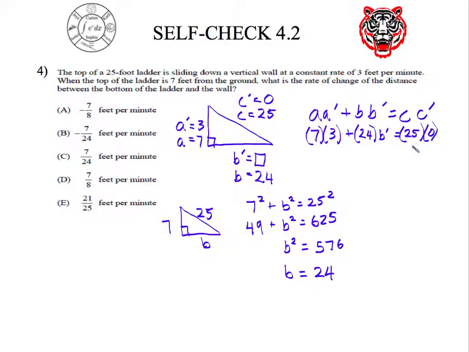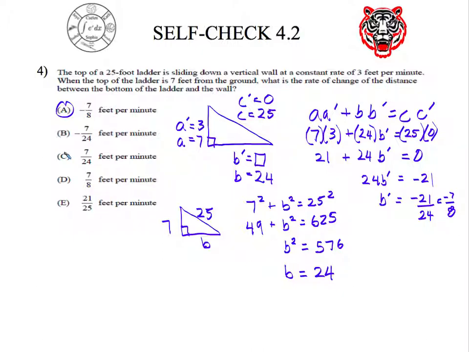So that whole thing goes to 0. So I have 21 plus 24 B prime is equal to 0. That means 24 B prime is equal to negative 21. Therefore, B prime is equal to negative 21 over 24. Both of those are divisible by 3. Divide the top by 3, I get negative 7. Divide the bottom by 3, I get 8. So I'm looking for negative 7/8, and there it is.